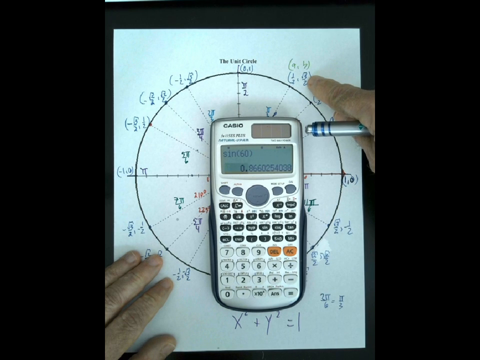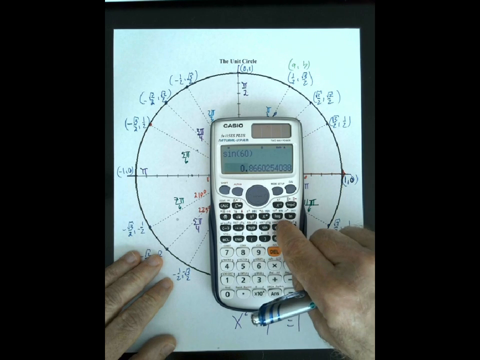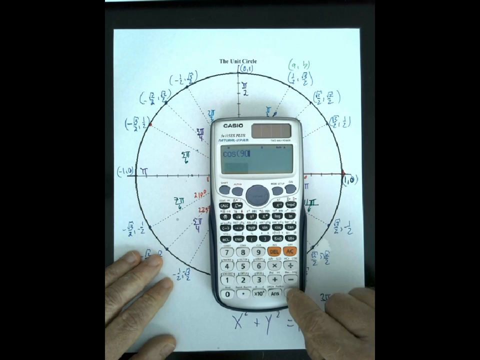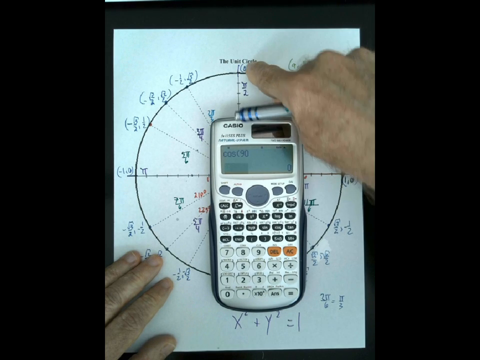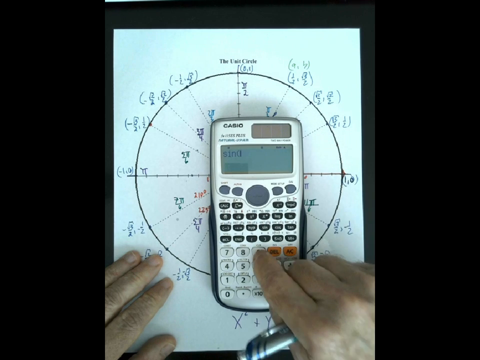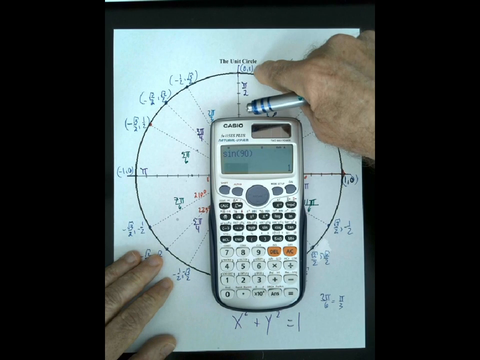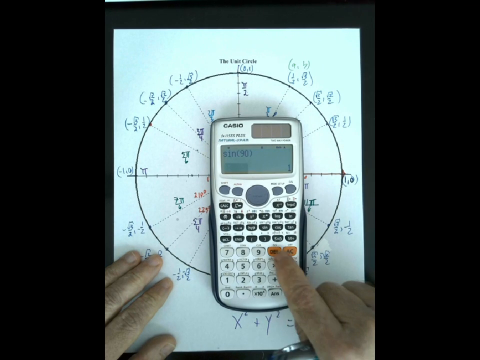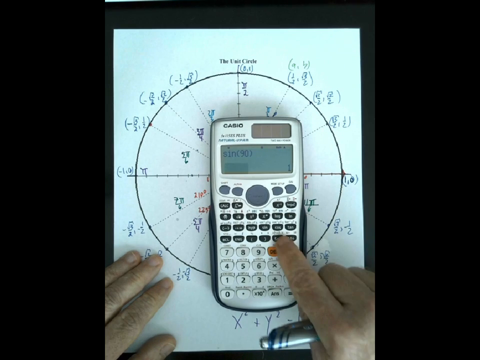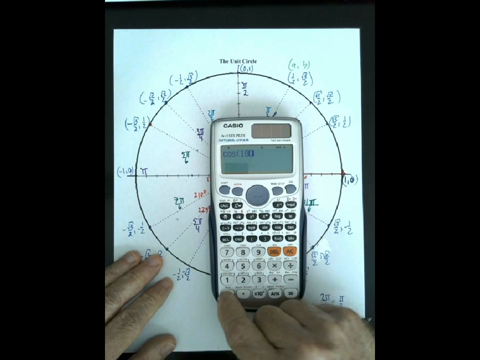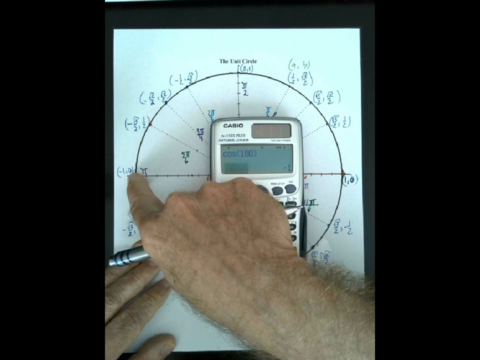That's the sine value. Up here, cosine 90 is 0. Sine 90 is 1. On other parts of the unit circle, if you do cosine 180, there's your negative 1, and so on.